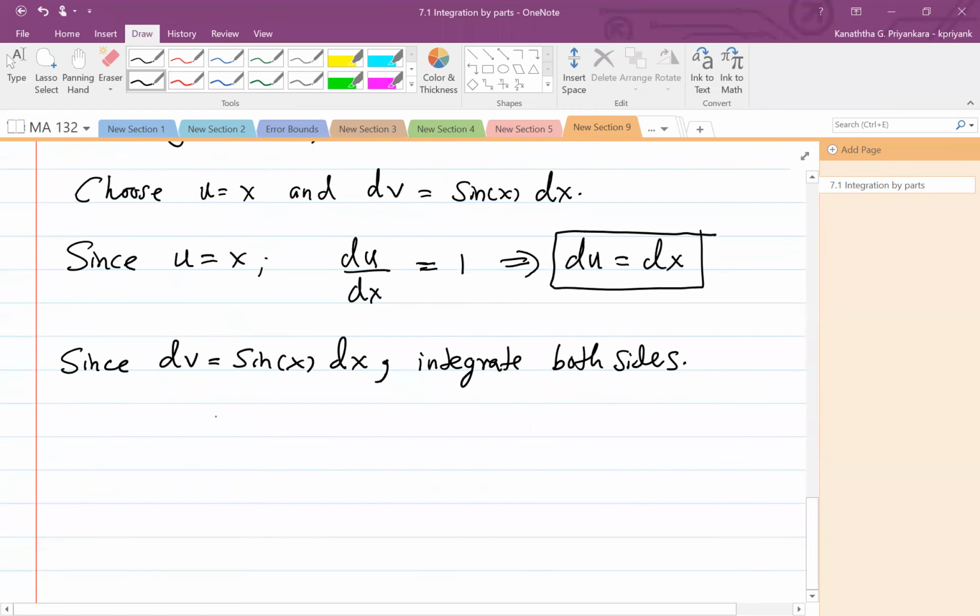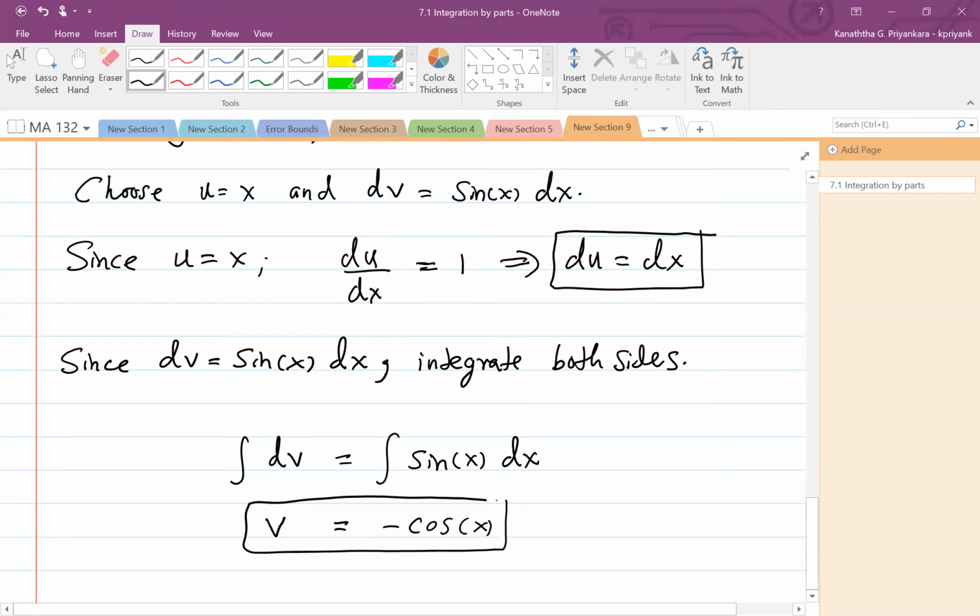If I integrate, we have the integral of dv and we integrate sine x dx. Remember, the integral of dv is v and the integral of sine x would be negative cosine x. So that is our v. Now we have all the required terms u, dv, v, and du. So we can substitute those into the formula.